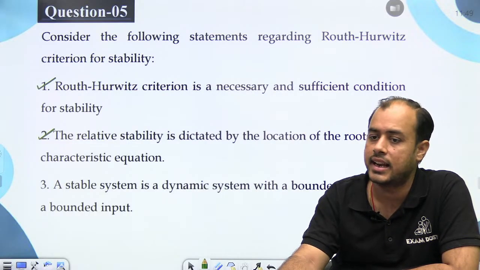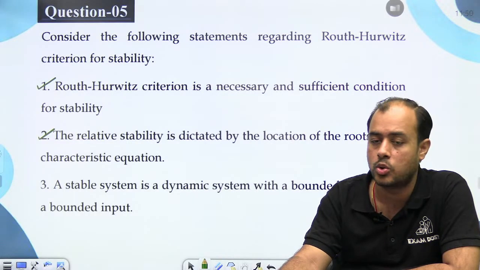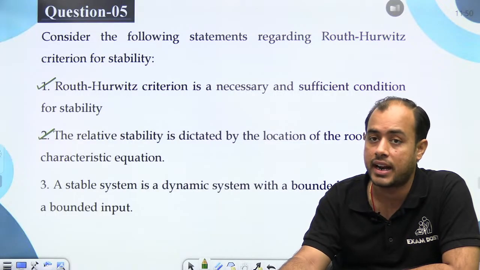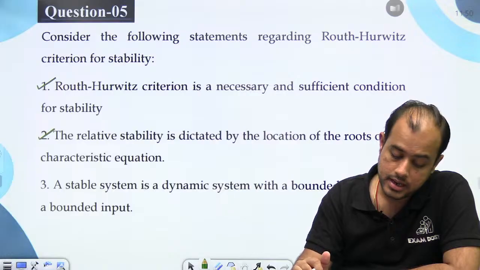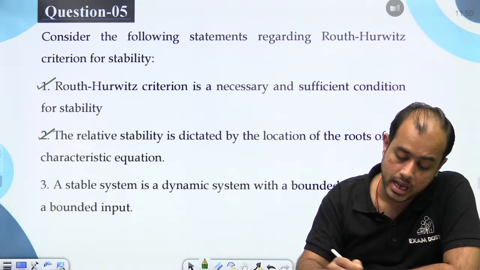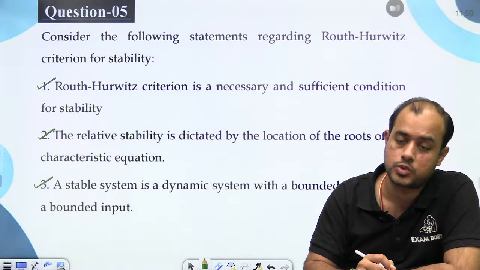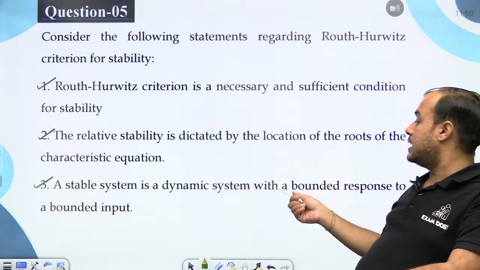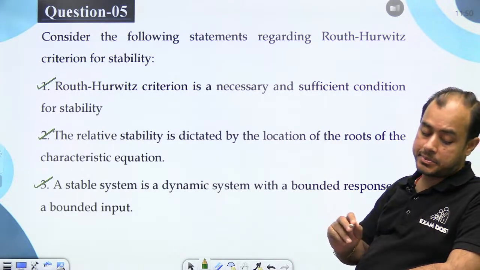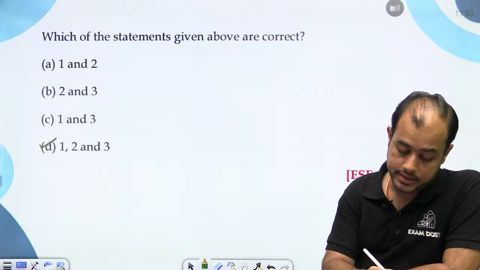To decide the relative stability, we must know the location of the roots. The farther the root from the origin, the more stable the system is. A stable system is a dynamic system with a bounded response to a bounded input. So it is a BIBO criteria. The output is bounded when the input is bounded. So answer is D.